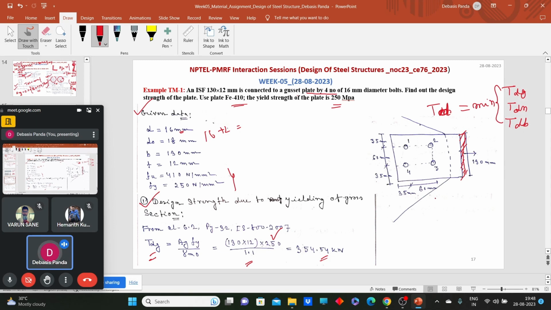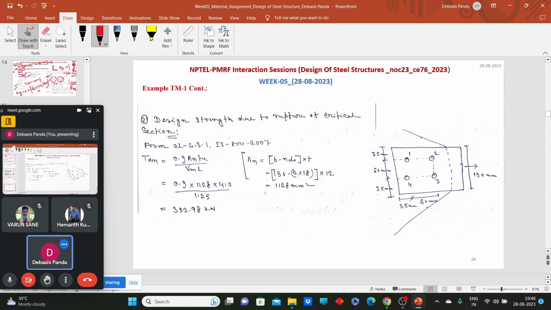Second, we need to calculate the strength due to rupture of the critical section. Here chain bolting is done, and the connection is made between a gusset and a plate. So from clause 6.3.1 we can find out the Tdn, the design tensile strength due to rupture at critical section, that says 0.9 An fu by gamma m.